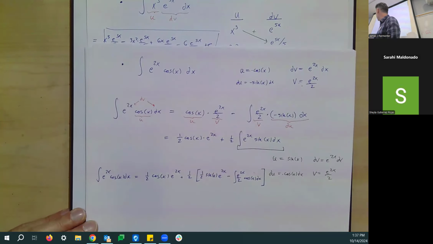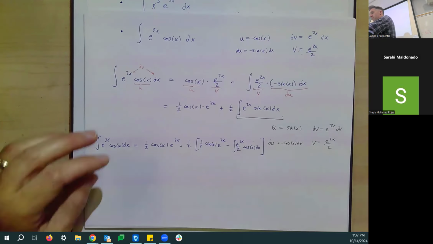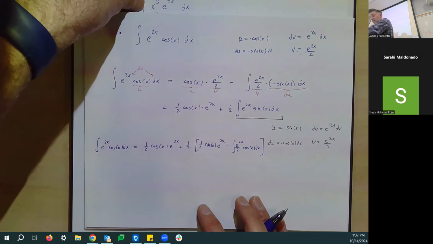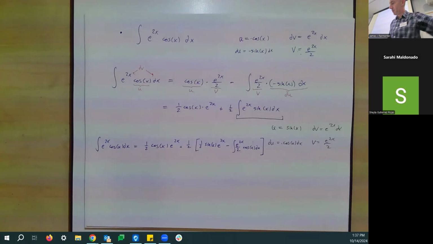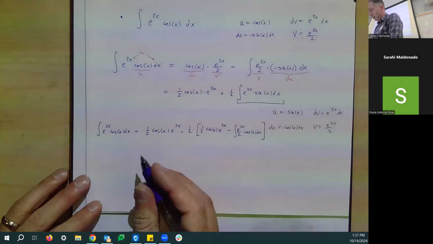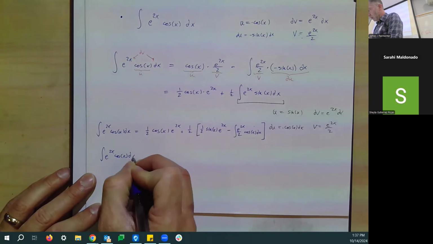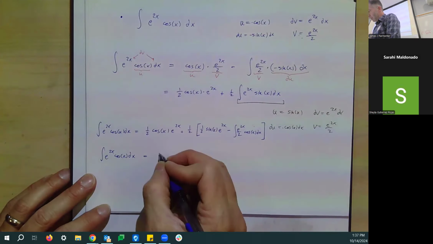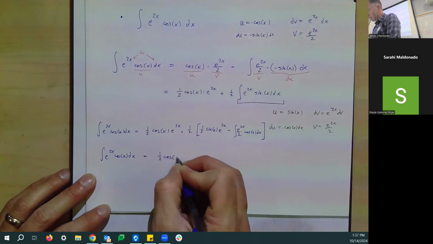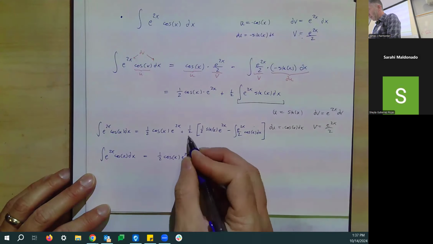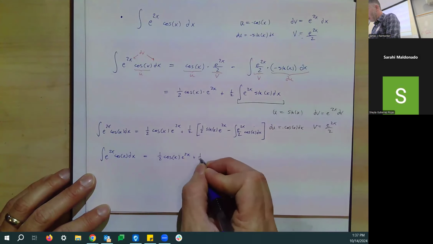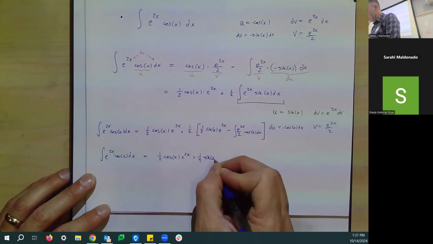Okay, the rest of this is just a little bit of algebra. So we have the integral of e to the 2x cosine of x dx equal to 1/2 cosine of x e to the 2x. 1/2 times 1/2 is 1/4 sine of x e to the 2x.